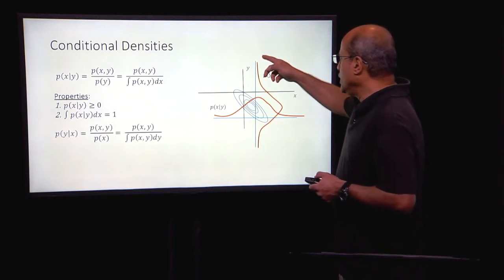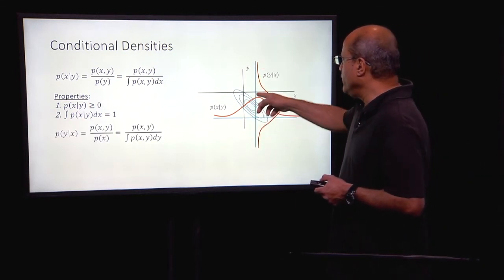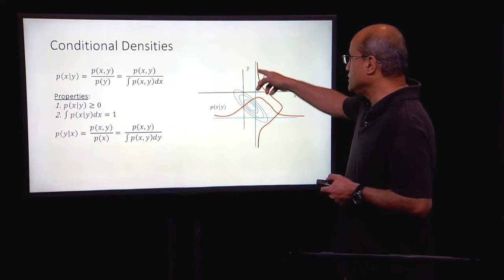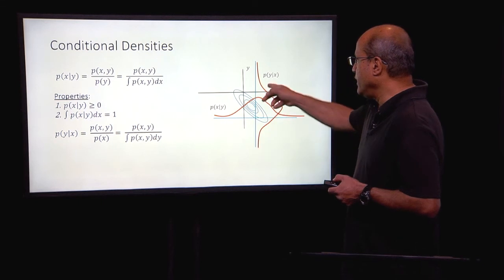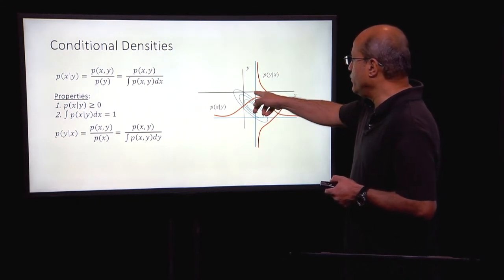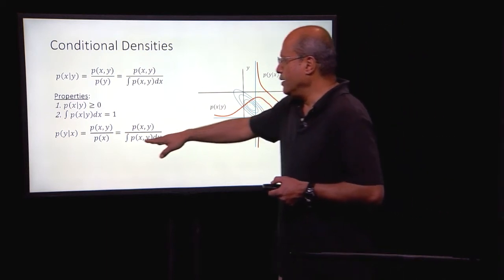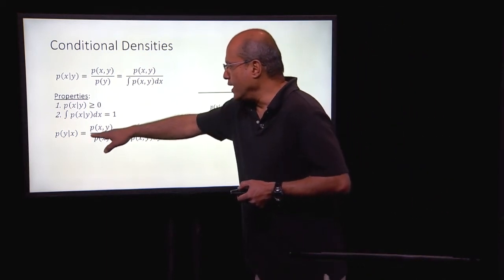And of course, instead of holding y fixed, we can try and hold x fixed, in which case we are taking this vertical slice through that density, and we are thinking about the conditional distribution of y given a fixed value of x. The calculation is the same.